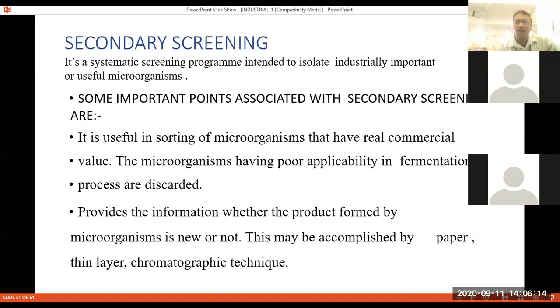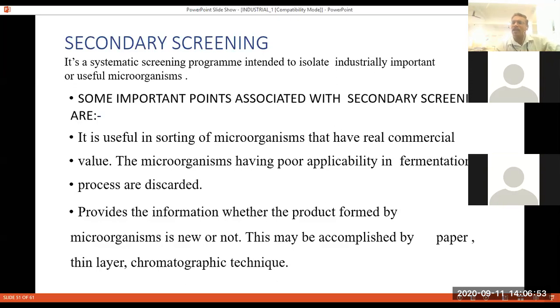The secondary screening also gives the information whether the product formed by the microorganism is new or old. I also get to know that the chemicals you are seeing in the secondary screening, which were isolated and then identified with the help of our chemist, particularly the team that is there, whether that chemical will be new or old. They do a large number of other tests.